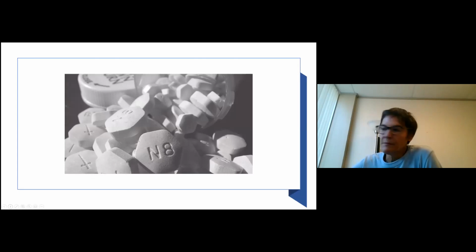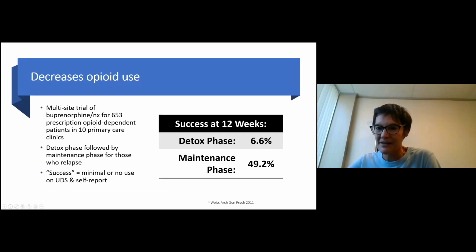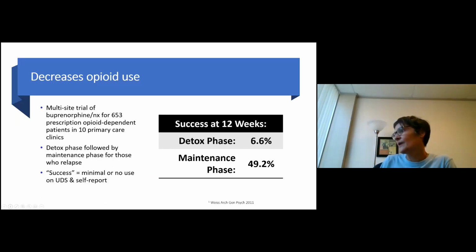The form that we're most familiar with are the pills, or also the films. And just to remind everybody why this is such an important medication for us all, first of all, we know it decreases opioid use. This is one trial. There are many trials, a multi-site trial of buprenorphine naloxone for 653 opioid-dependent patients at 10 different clinics. They put some on buprenorphine detox.